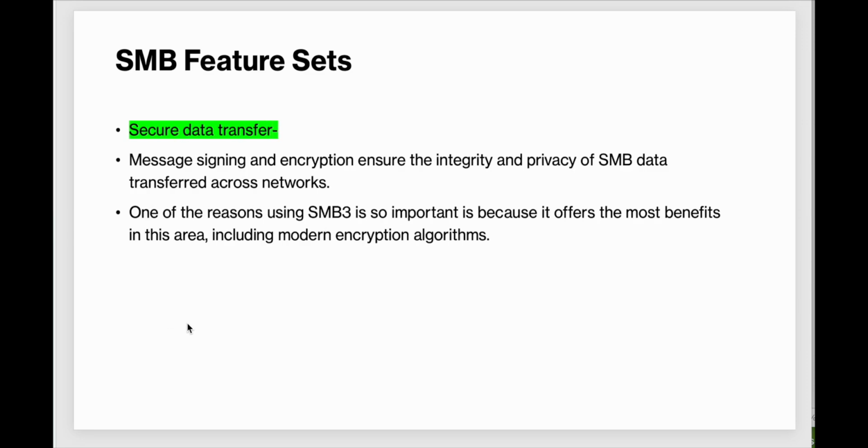Then secure data transfer: message signing and encryption ensure the integrity and privacy of SMB data transferred across networks. One of the reasons SMB3 is so vital is because it offers the most benefits in the area of integrity and privacy, including modern encryption algorithms.